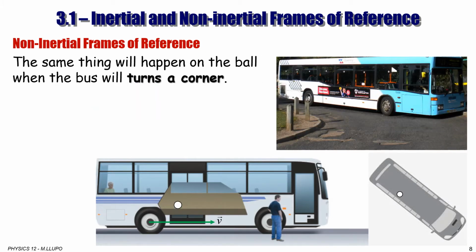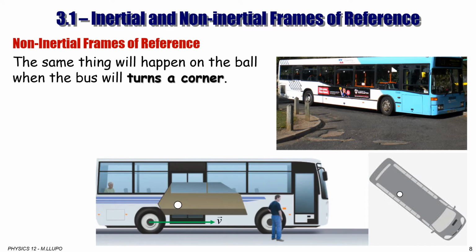The same thing will happen to a ball when the bus turns a corner. That means that if the bus maintains the magnitude of velocity but the direction changes, the bus is still accelerating. It is a frame of reference that is accelerating.